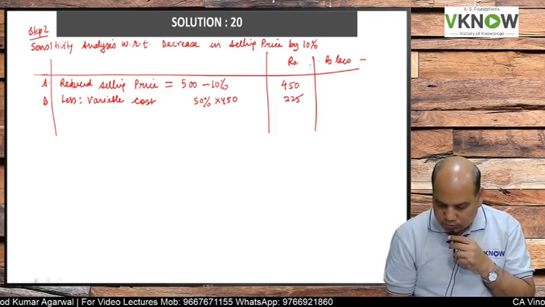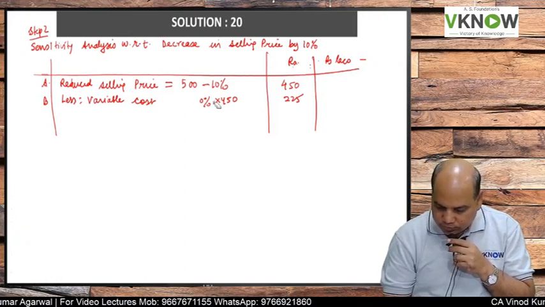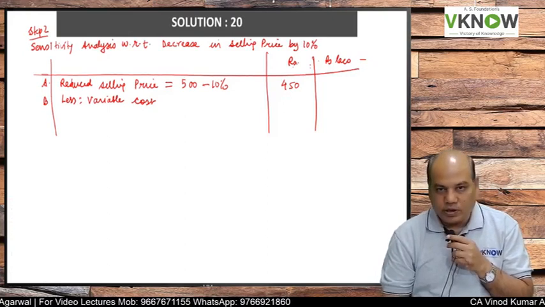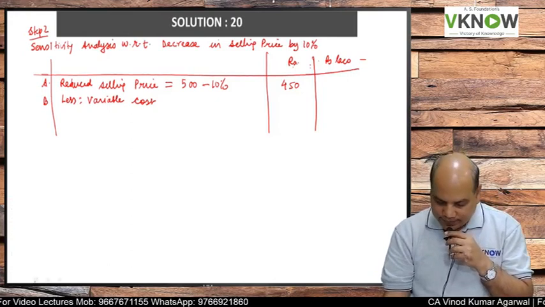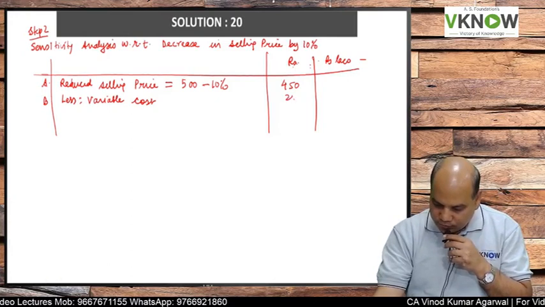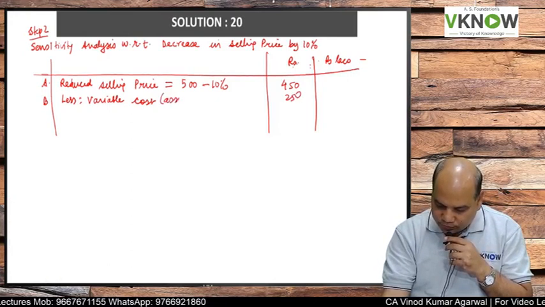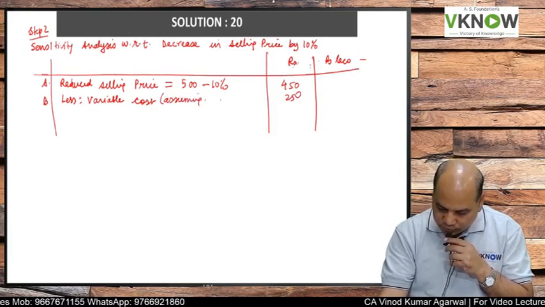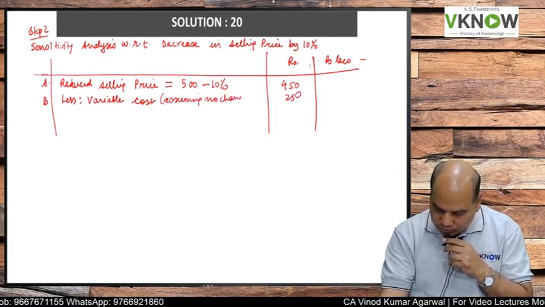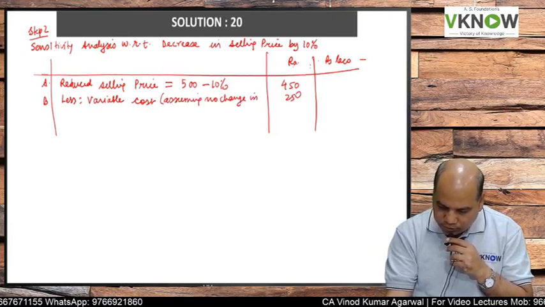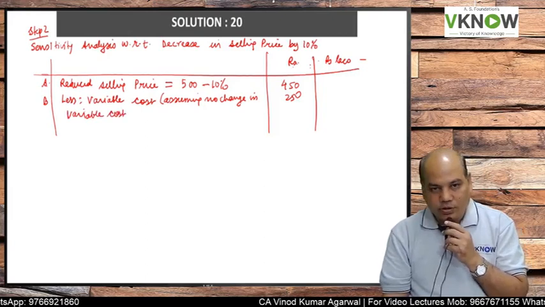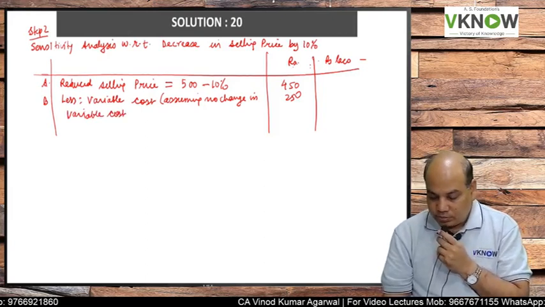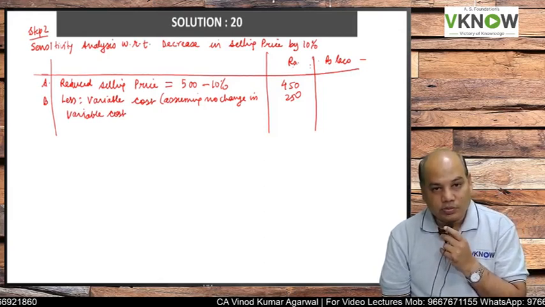So we will take the same. Only the selling price may change. Material cost may not change. So we'll take 250 only, assuming no change in variable cost. Because only selling price can change, but raw material cost and labor cost may not change.